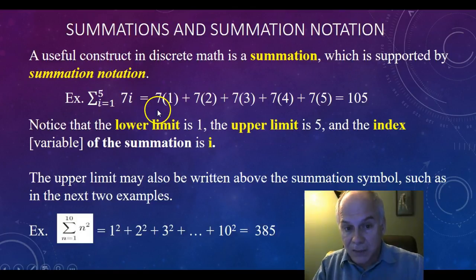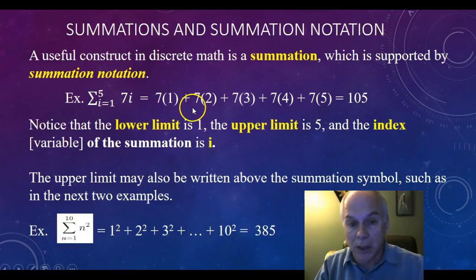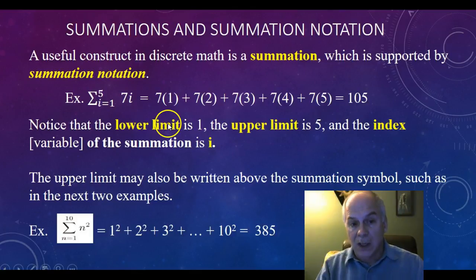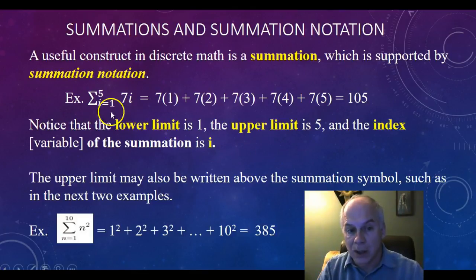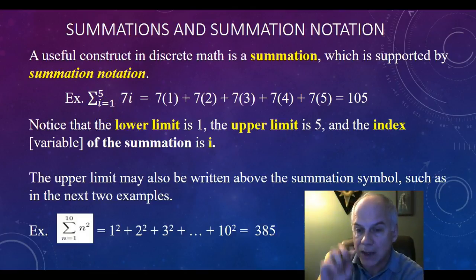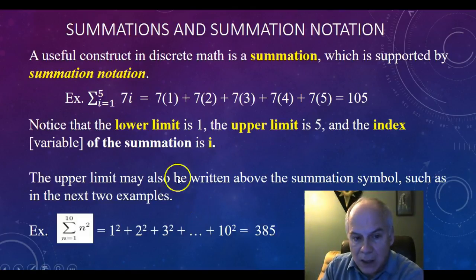And if you multiply 7 times 1 plus 7 times 2 plus 7 times 3 and add those products all up, you get 105. Now notice the lower limit for the index variable i is 1, and the upper limit is 5, for the index variable, called the index of the summation.